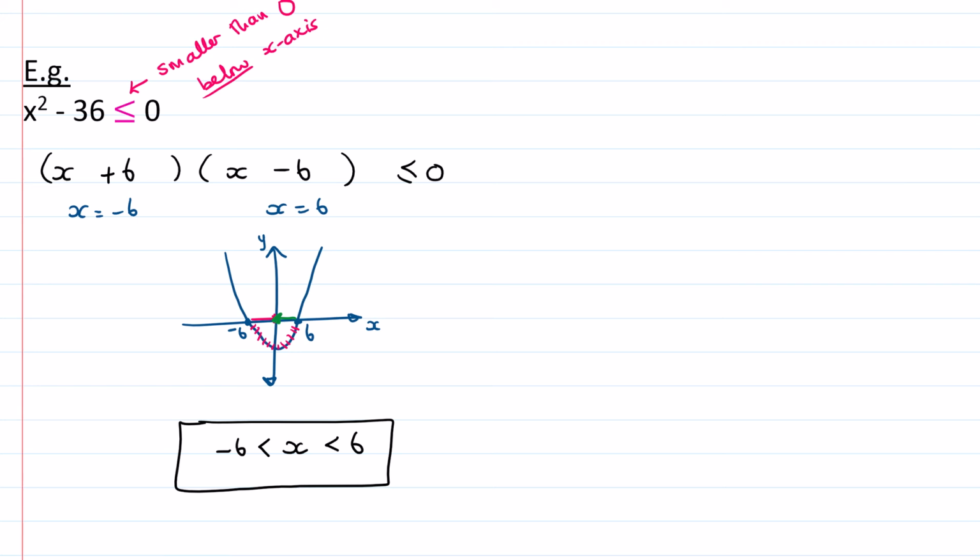That's the section on the graph where you get negative values for y. Now, because the inequality has an equal there, then you add that to your answer. So if there's an equal in the inequality as part of the question, then there is an equal in the inequality as part of the answer.